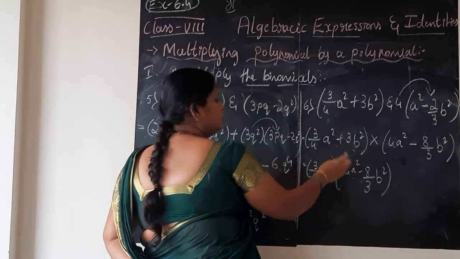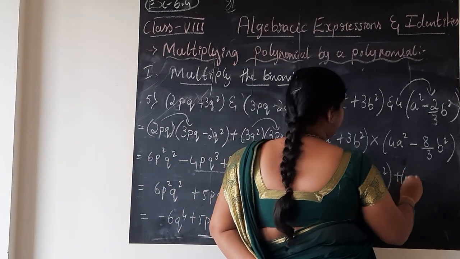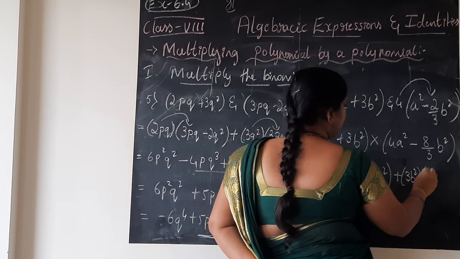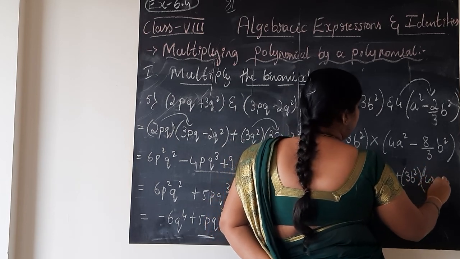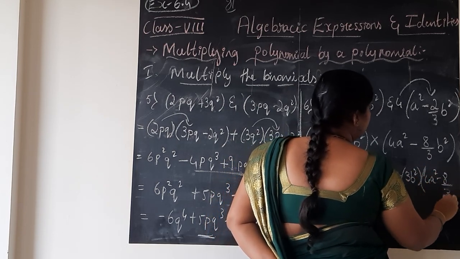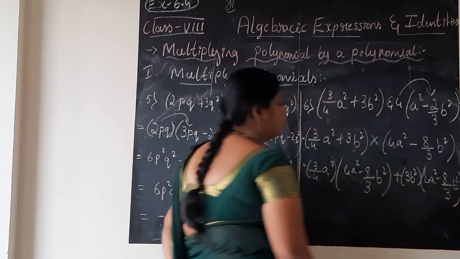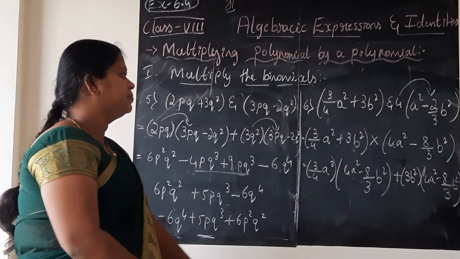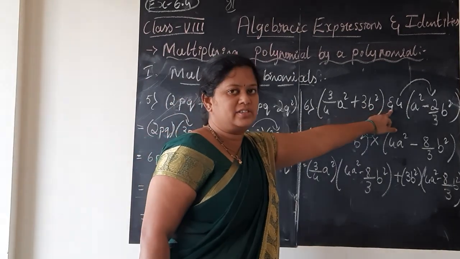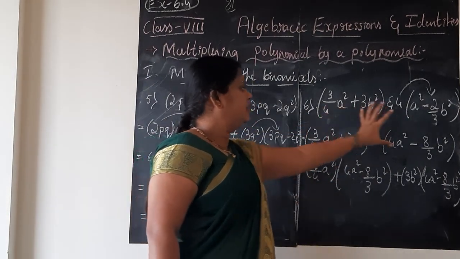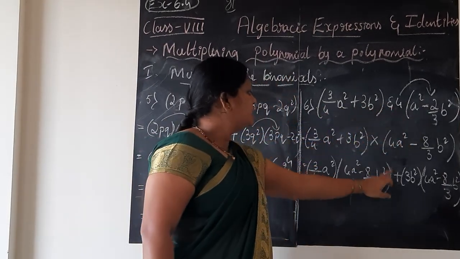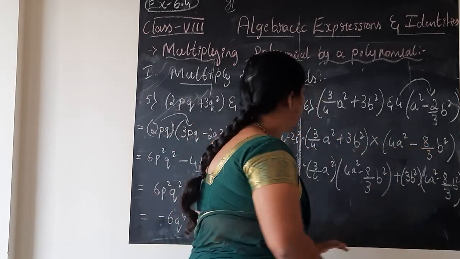In between the terms a plus sign is there. So plus 3b square into (4a square minus (8/3)b square) and close the bracket. Only this step was extra, children. Next onward same. First term into whole bracket plus second term into whole bracket.